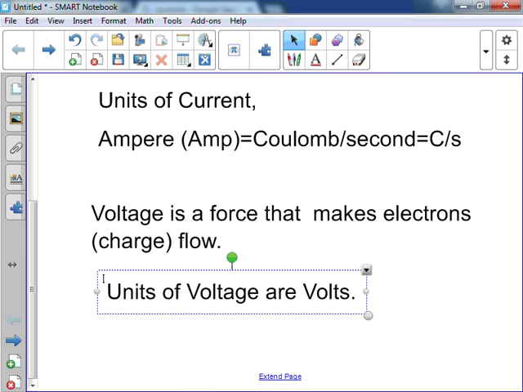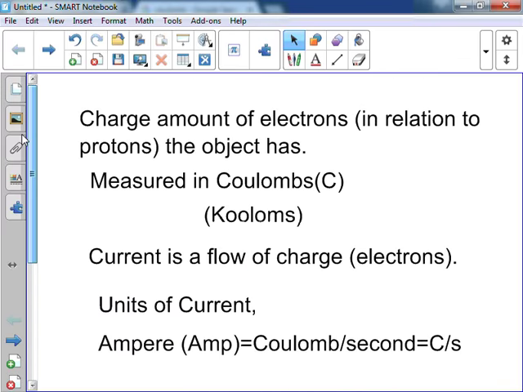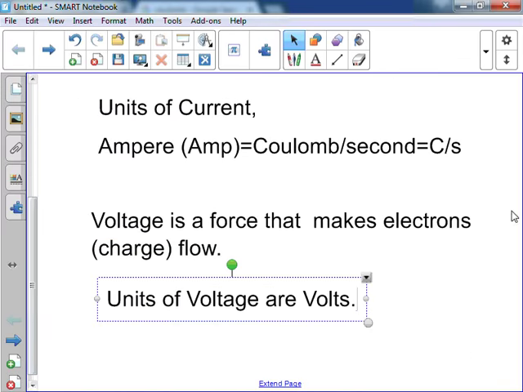And I'm going to go into greater detail this coming week on what volts really are, because right now we only know what it does, but we don't know why it does what it does. We're going to talk about it some more this coming week. But this is really all we went over last Tuesday and Friday. So this is your refresher, or if you were not there, this is the lecture. So I hope that was helpful.